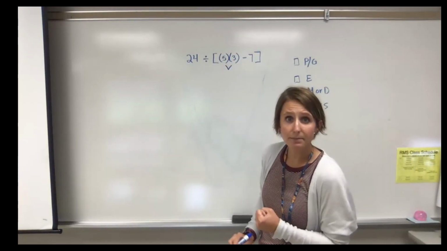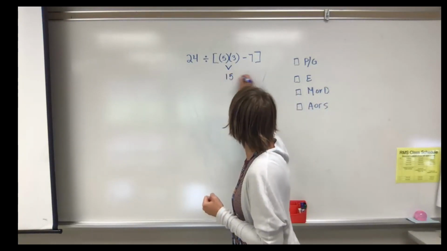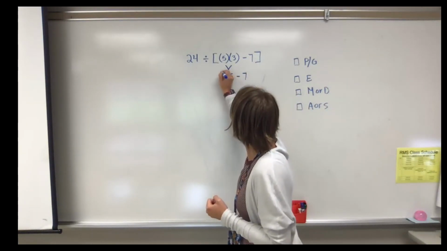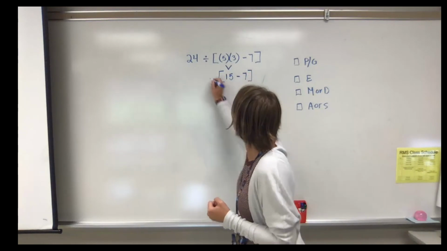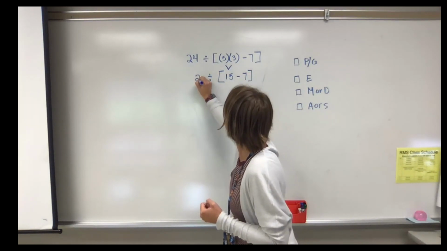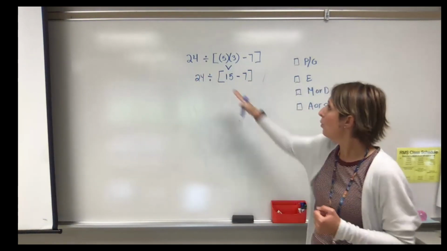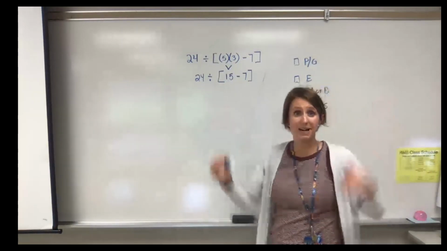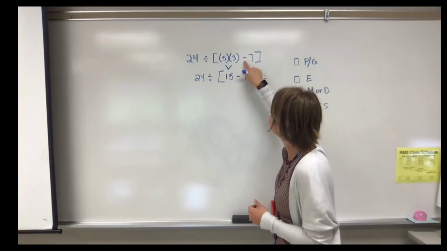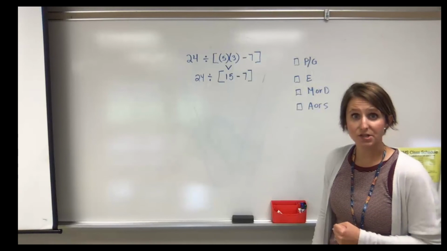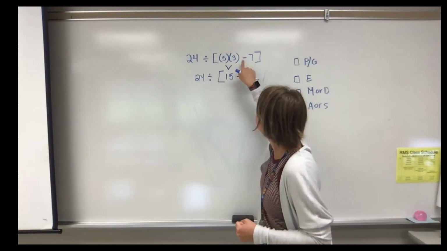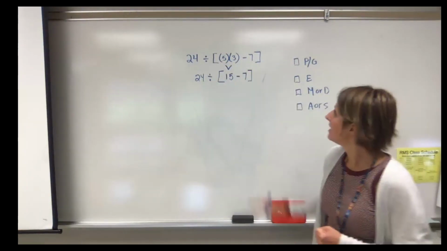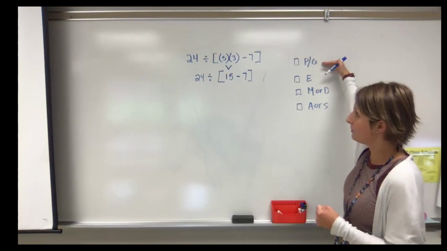5 times 3, 15. Drop down everything that you haven't worked with yet. Why did my overall brackets, those big brackets, why did they not come off? Because I still have the subtraction that I need to work with. The product of this, I need to take 7 away from it. So back here, I gotta go back to my grouping symbols.